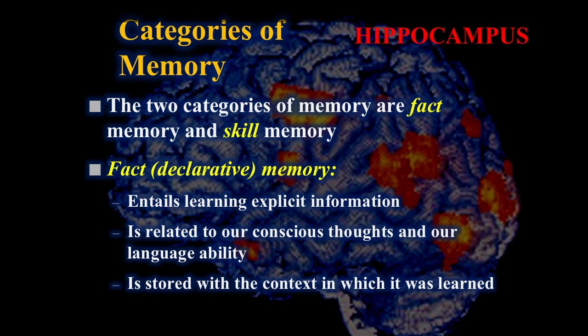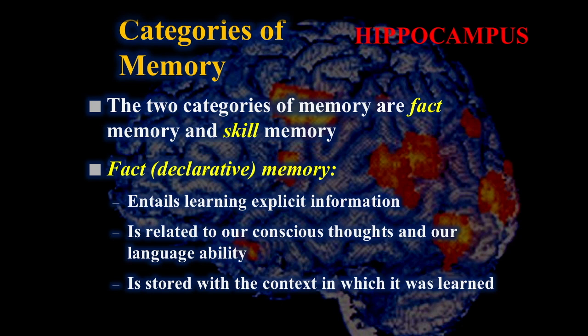Okay. 2 categories of memory are fact memory and skill memory. Fact memory, or declarative memory, is learning explicit information, facts, ideas, things like that. It's related to our conscious thoughts and language ability. The better your language ability, the better you are at remembering facts, or remembering discrete information.